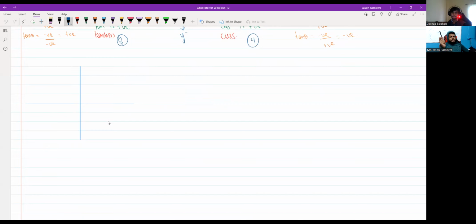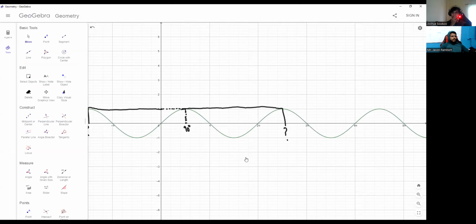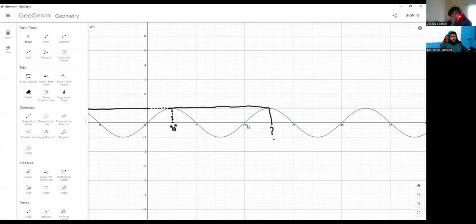All trig curves or trigonometric graphs are called cyclic, meaning they repeat themselves after a certain number of degrees. So every 360 degrees, which in this case is 2 pi, and we'll get to the pi just now. 360 degrees is the same thing as 2 pi. Every 360 degrees, my graph repeats itself.